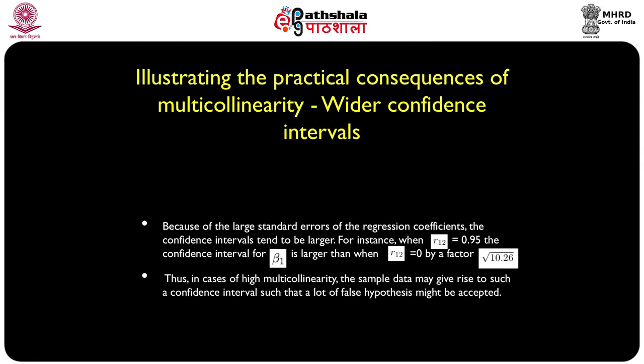Comparing it with r12 equals 0, where x1 and x2 are not related at all, the confidence interval for beta 1 is larger in the case of r12 equals 0.95 than when r12 equals 0 by a factor of square root of 10.26. Thus, in case of high multicollinearity, the sample data may give rise to such a wide confidence interval that a lot of false hypotheses might be accepted.